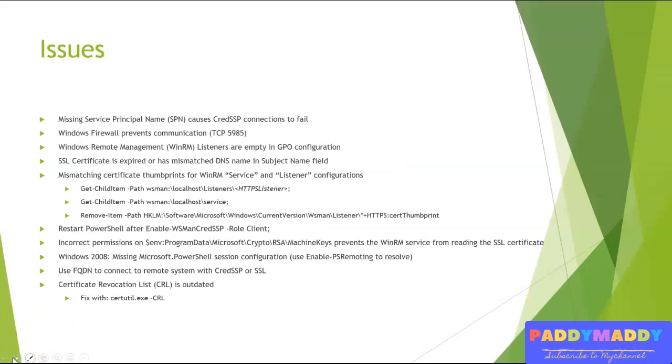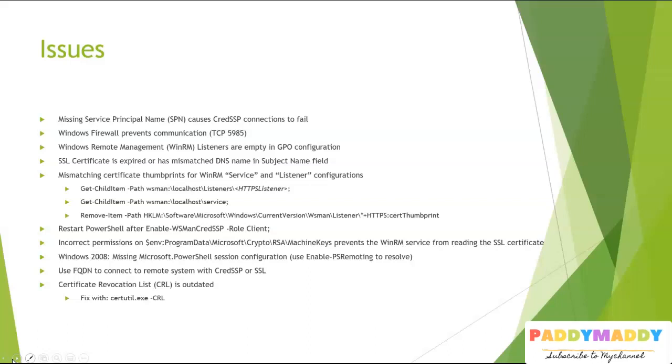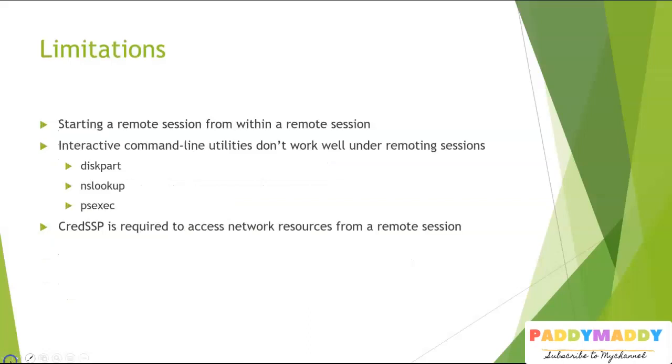These are the normal issues you might encounter, like a firewall port not being configured, or a path or certificate expiring, or a certificate not configured properly if you are working in a workgroup environment.